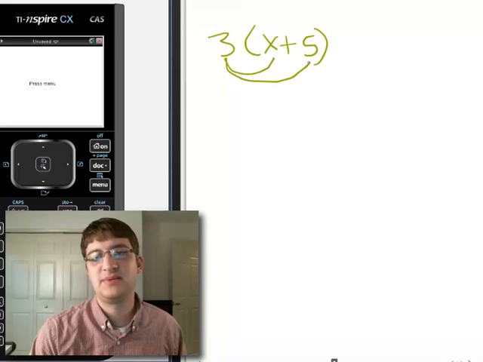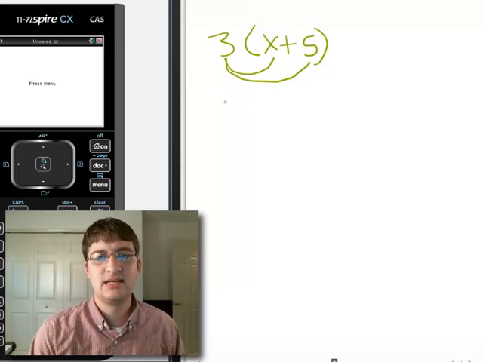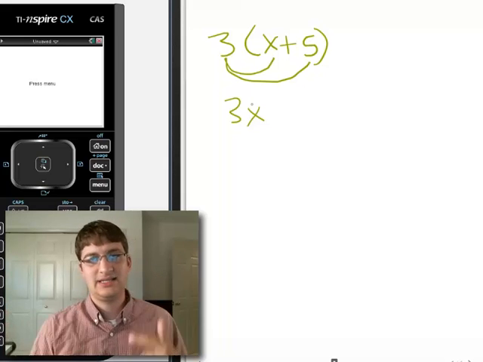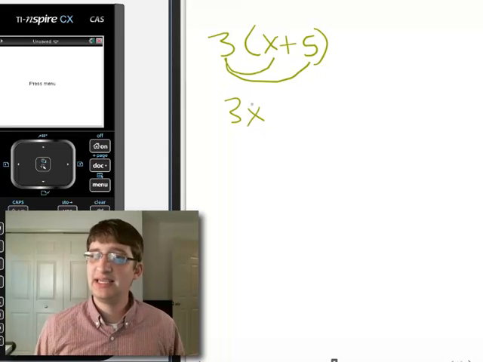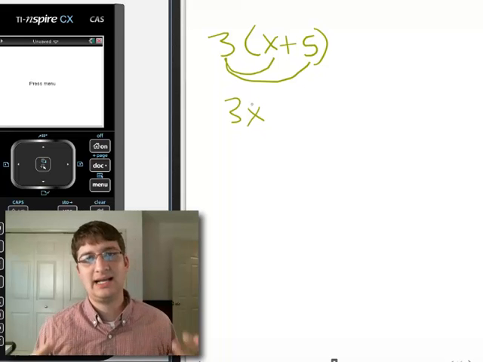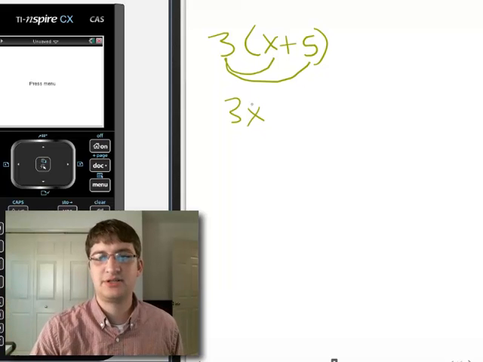So 3 gets multiplied with x, 3 gets multiplied with 5, okay? So 3 times x. The way we show that is just by linking the two things together. That signifies a 3 times x. We don't do anything else from there because, again, we don't know what x is. It's an unknown. It's a variable, so we just attach them, and that's how we show that in math.